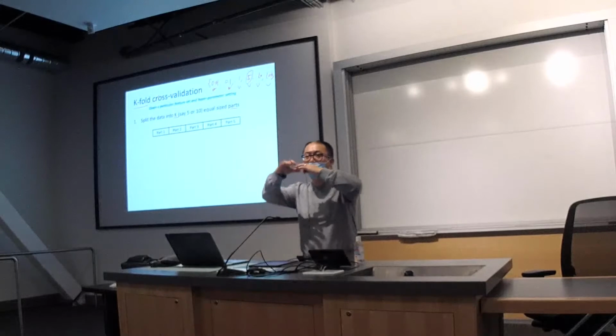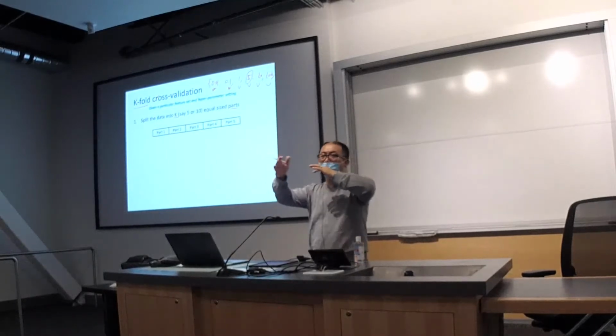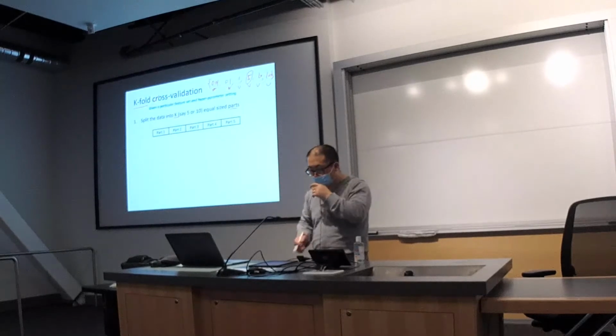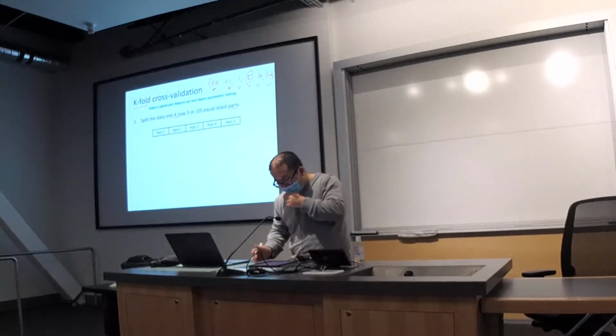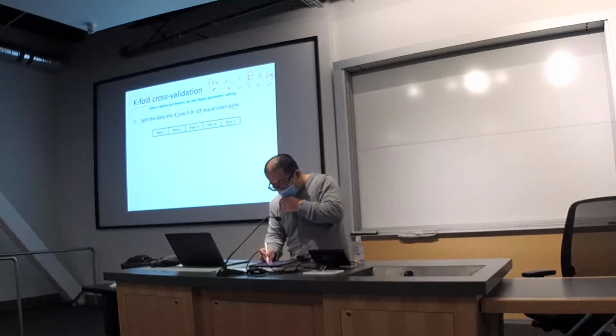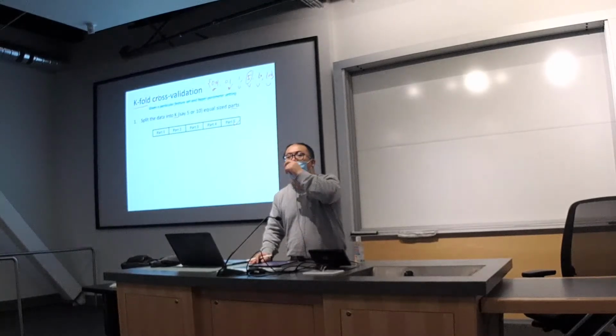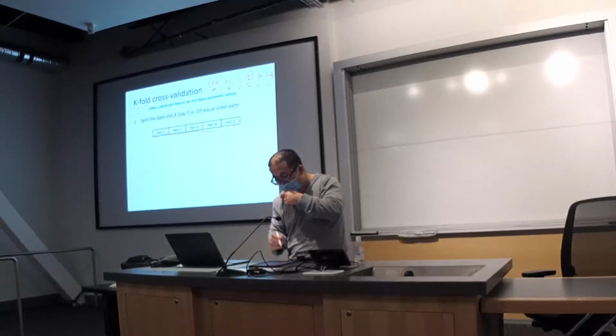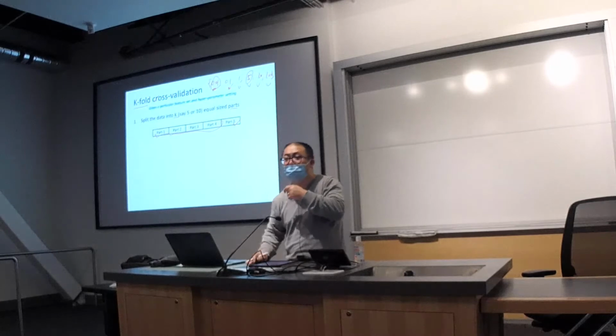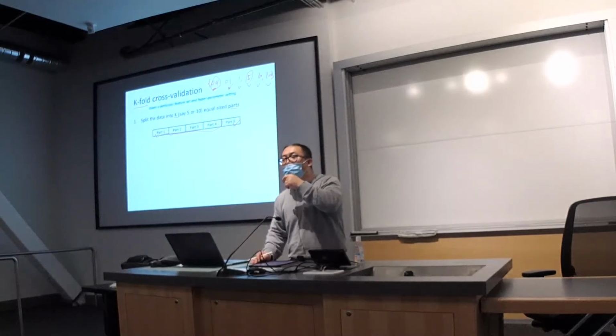You can imagine you randomly shuffle the data, then partition the data into 5 parts, each consisting of the same number of training examples. Then, at each step, we use one part for testing. This part we call the validation data set, and we use the remaining parts to train our model with this given C value, and then test the trained model on the validation set. So we get one accuracy.